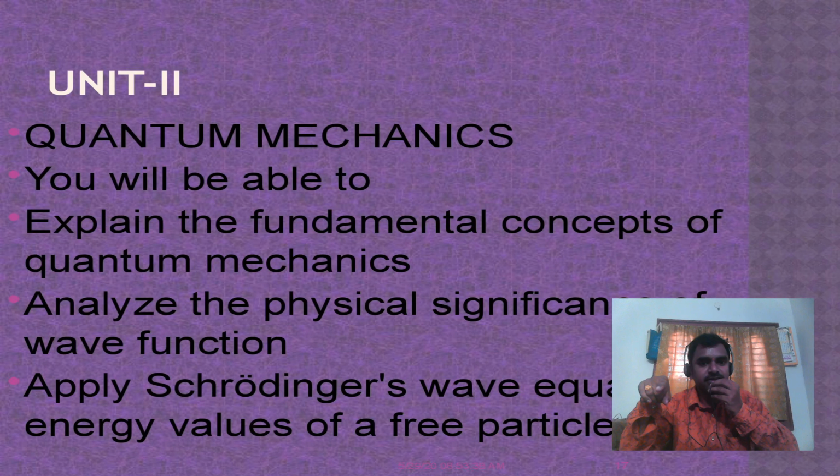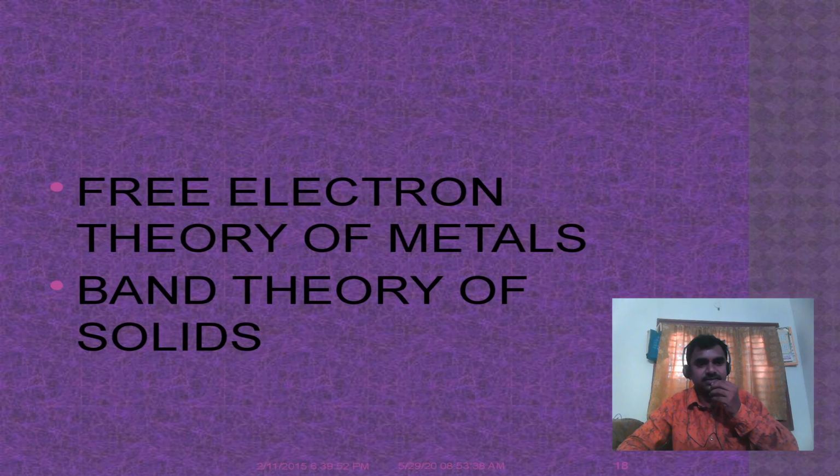And free electron theory of metals: also, we will discuss this. A free electron is an electron in the valence band that can easily participate in conduction. That electron is called a free electron. Why is conductivity higher in metals? We will discuss that in the free electron theory of metals.